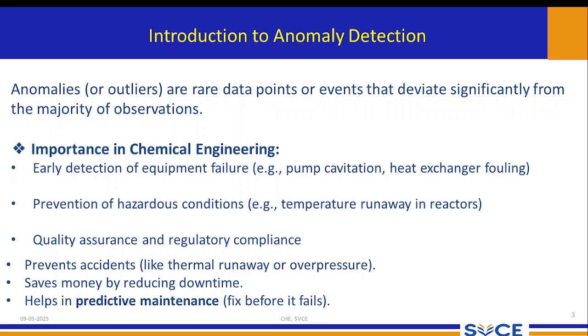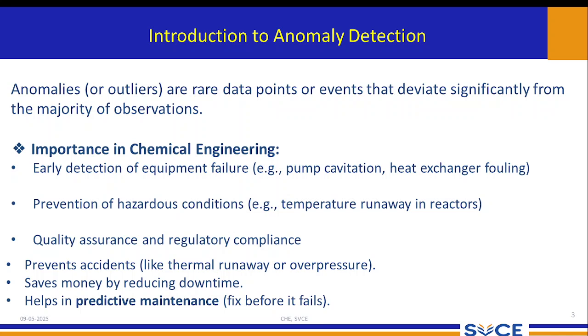Pump cavitation and heat exchanger fouling may be prevented because of the early detection. The second point is prevention of hazardous conditions, for example temperature runaway in reactors, along with quality assurance and regulatory compliance. These are the advantages of doing anomaly detection.